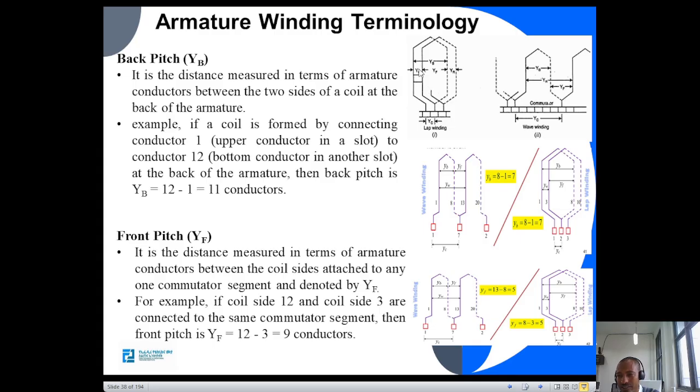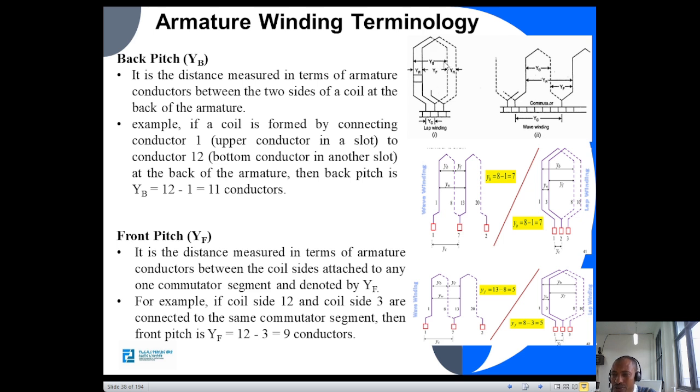For example, see this. This is one coil, and this is a second coil. The distance from the first coil side to the second coil side, this YB, we call back pitch.